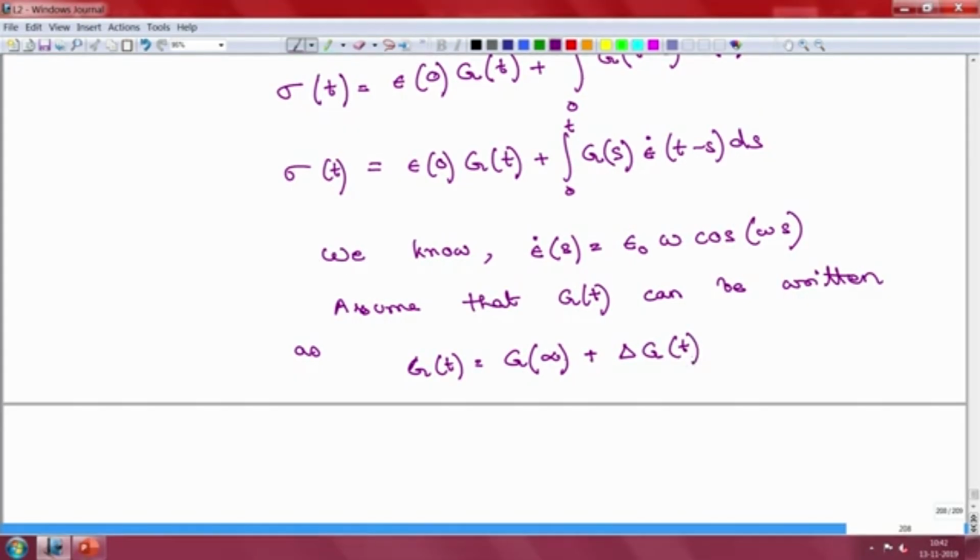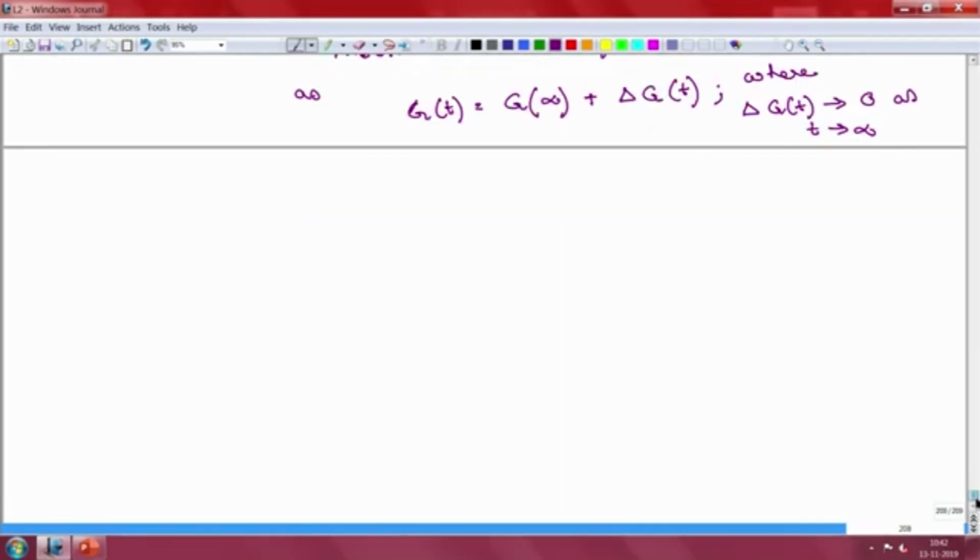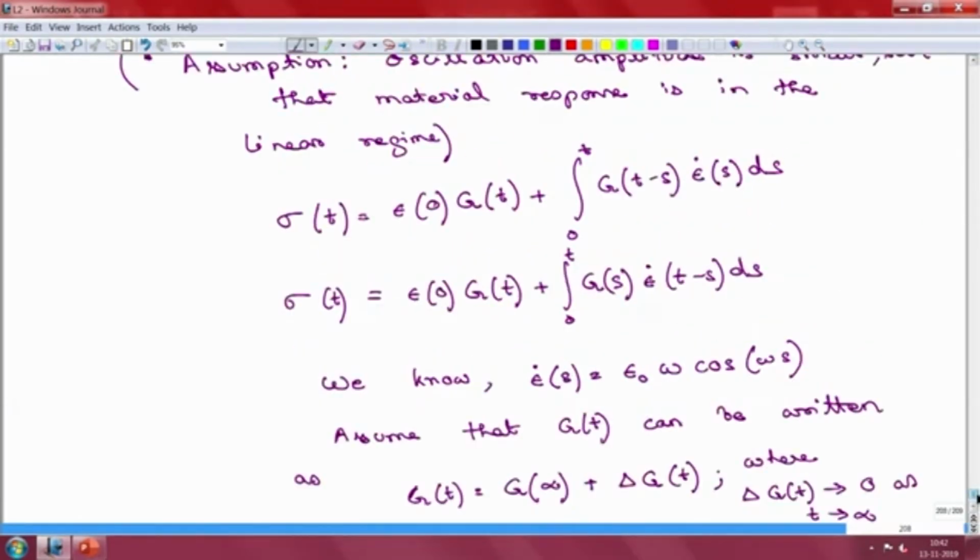This is some constant, and this is another part which is varying with time. Okay. And we are going to further assume that it decays as t tends to infinity. Why this assumption is required will become clear in a minute.